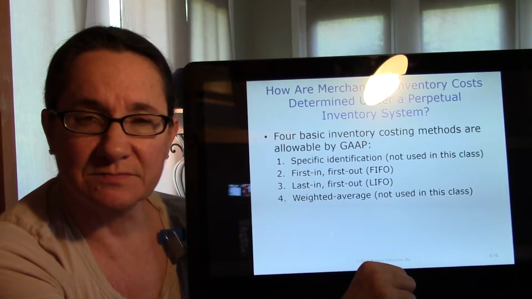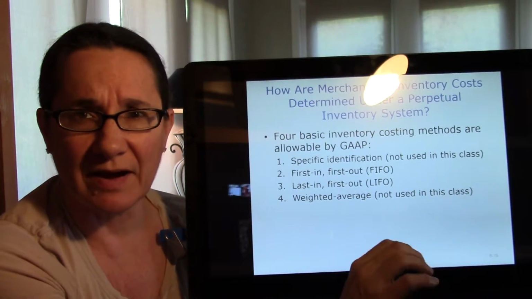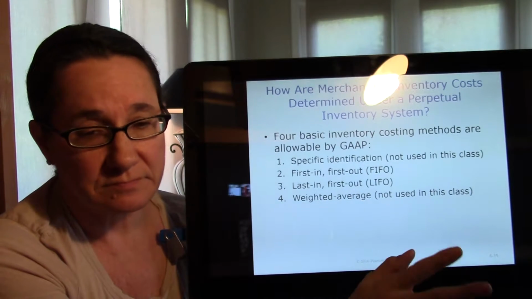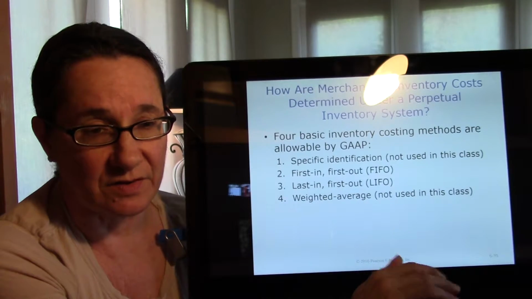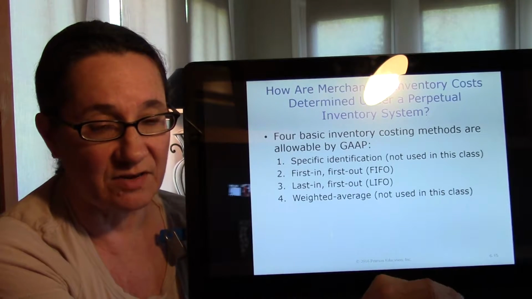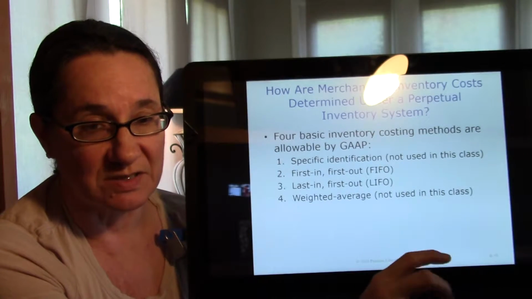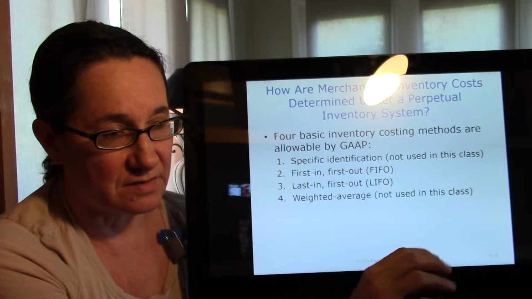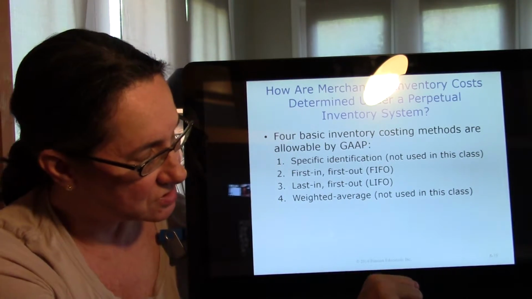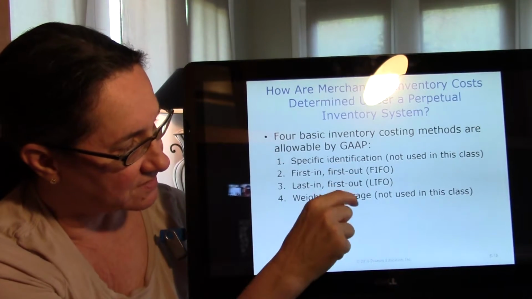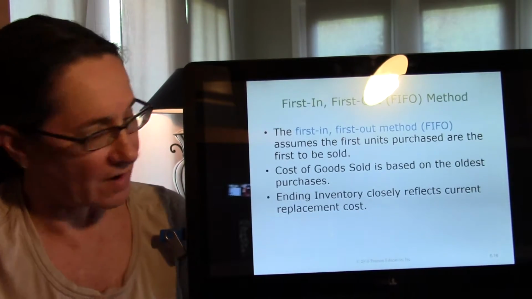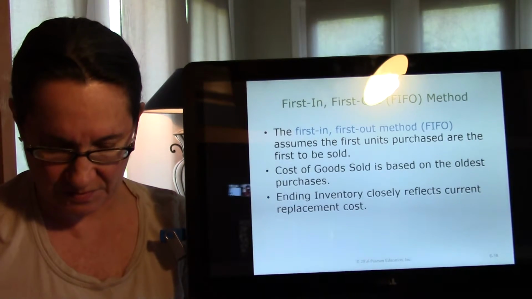It's for small trinket type items, like office supplies, or if you're a machinist and you manufacture a bunch of nuts and bolts and things like that, you can just take a weighted average. But we're going to do first in, first out and last in, first out, FIFO and LIFO.